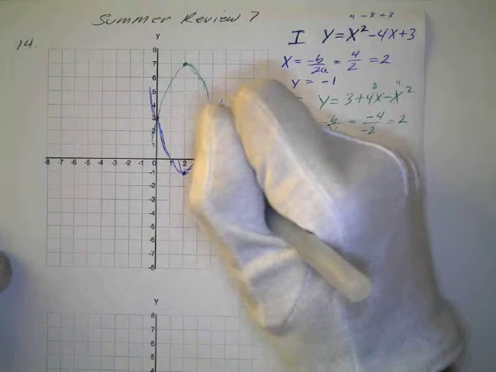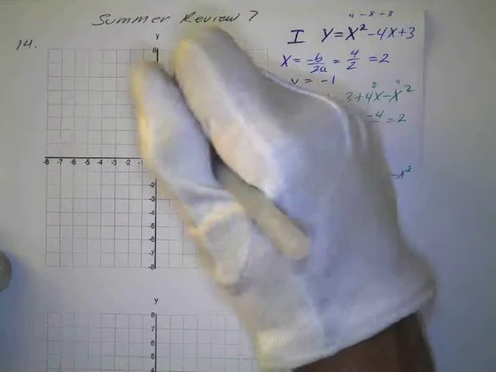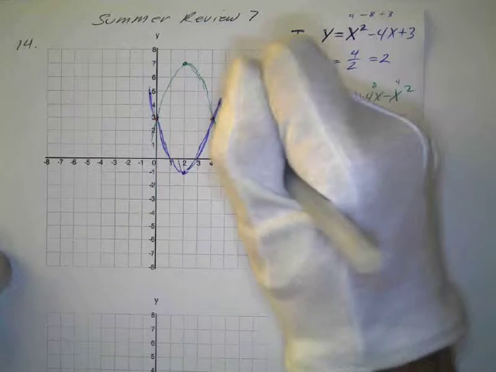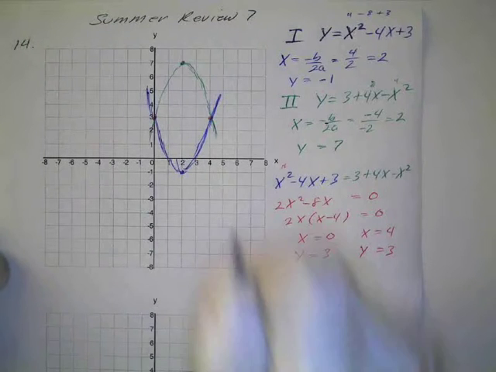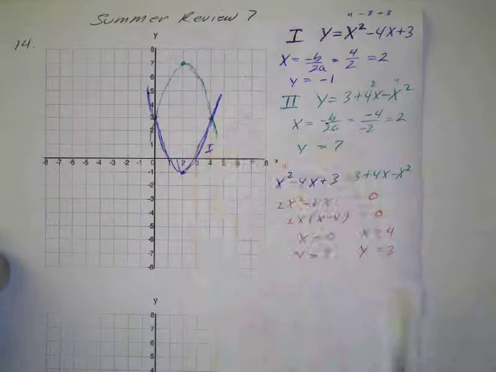Something like this. And now you've got your two parabolas. That's what we want. This is curve 1, and that's curve 2.